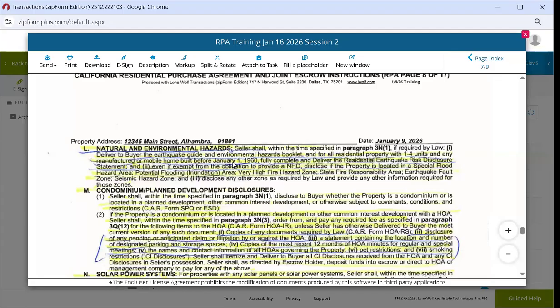And they need to make sure that you deliver the booklet. Whether it's built in 1960 or not, at this brokerage we still deliver the booklet. Maybe we don't deliver the form with all the check boxes where they're checking off the earthquake form, but we always deliver the booklet, and there is a receipt for that booklet.